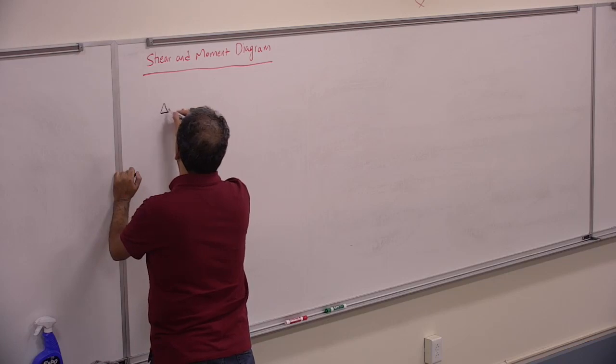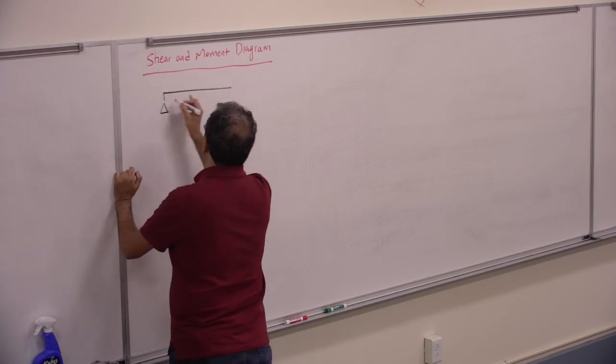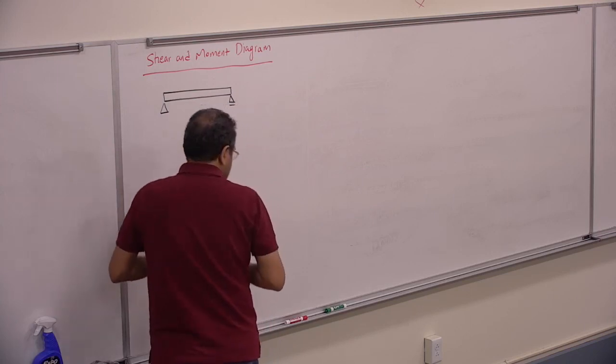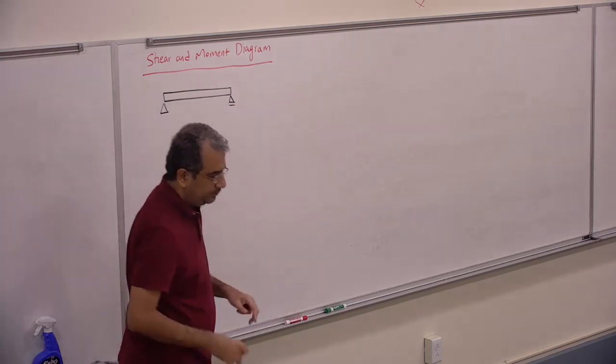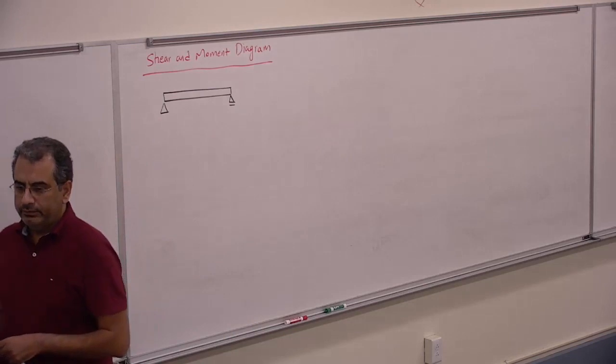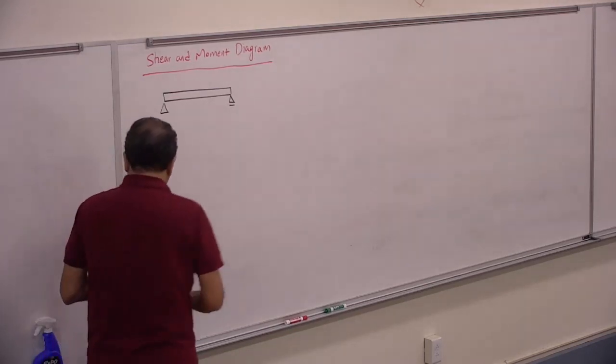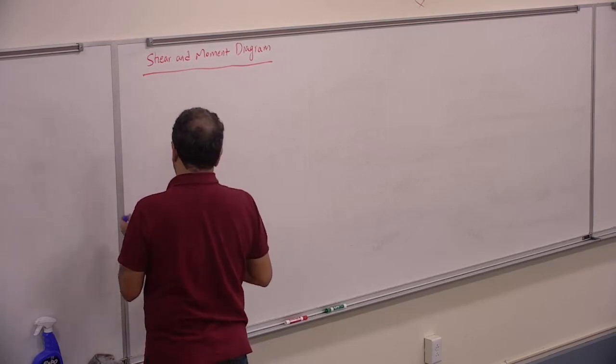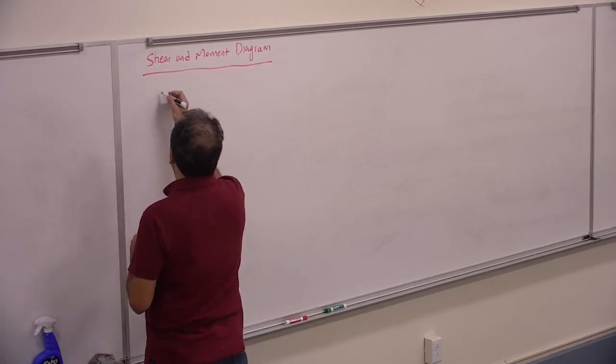So I have a beam, and there's another piece. That's why I have a beam like this.